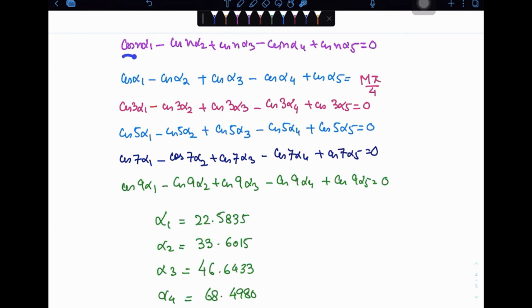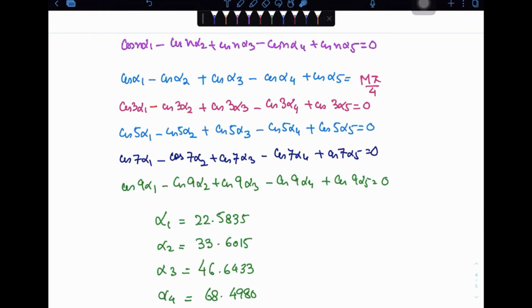In general, it is this one: cos of n alpha 1 minus cos of n alpha 2 plus cos of n alpha 3 minus cos of n alpha 4 plus cos of n alpha 5. That should be equal to 0 for that particular harmonic which you want to cancel, because n is representing the harmonic number, right?